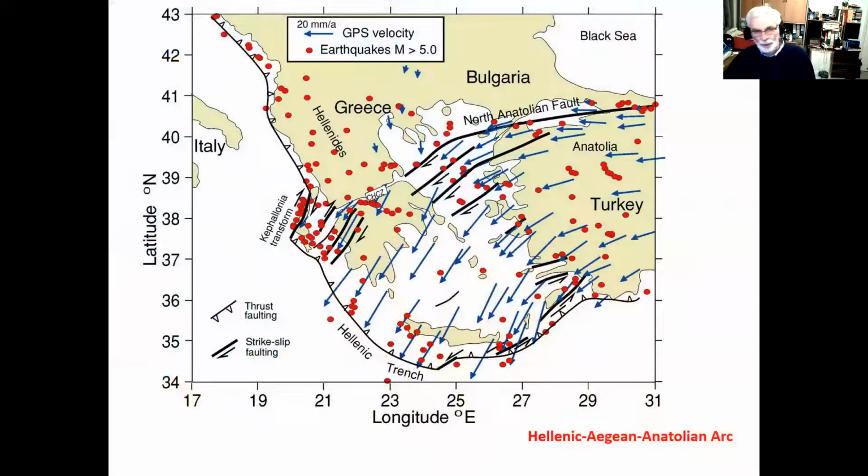Moving a little further east again, we have the situation in the Hellenic arc, which is another rolling subduction zone, which transforms itself into a region of overthrusting, forming the Hellenic mountains. And we have, with these GPS vectors, very, very strong stretching around an arcuate pattern in the Aegean Sea basin.